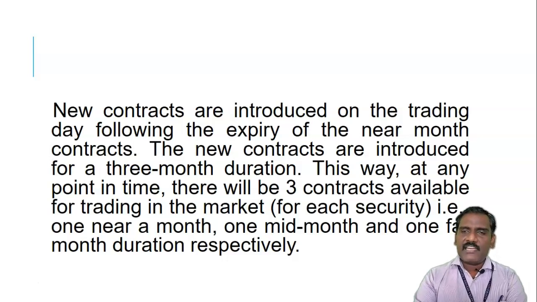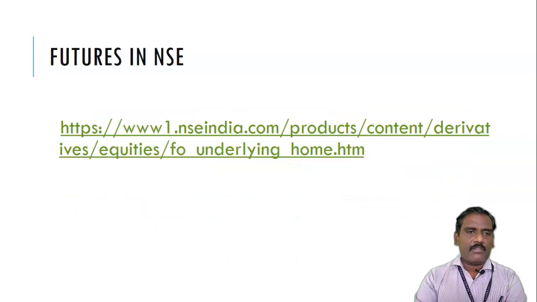It is 139 securities which are traded in the market for future contracts, and for each, the 3 months contracts are available: 1 near month, 1 mid month and 1 far month.